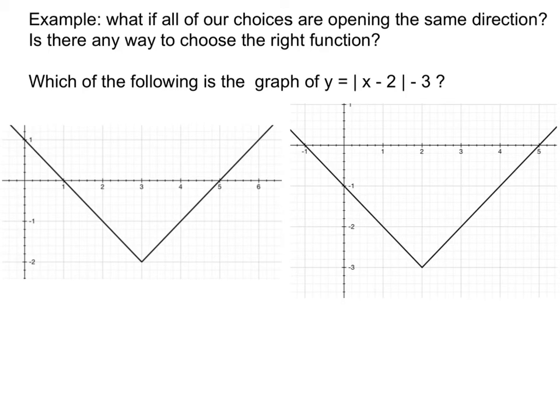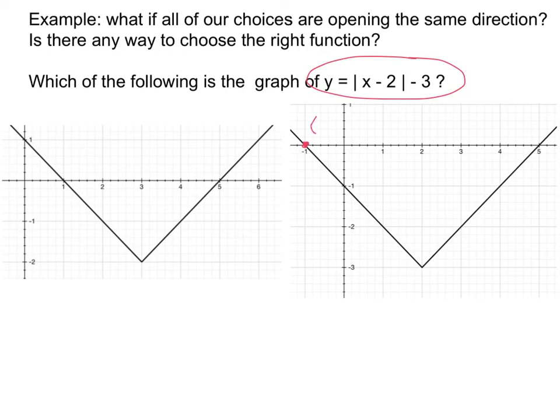Right? So for instance, if we take this point right here, this point negative 1 comma 0, if I input that into this function, it's either going to be true or false. Right? And because that point is not shared by this graph over here, we can use that to determine which one is the correct graph.